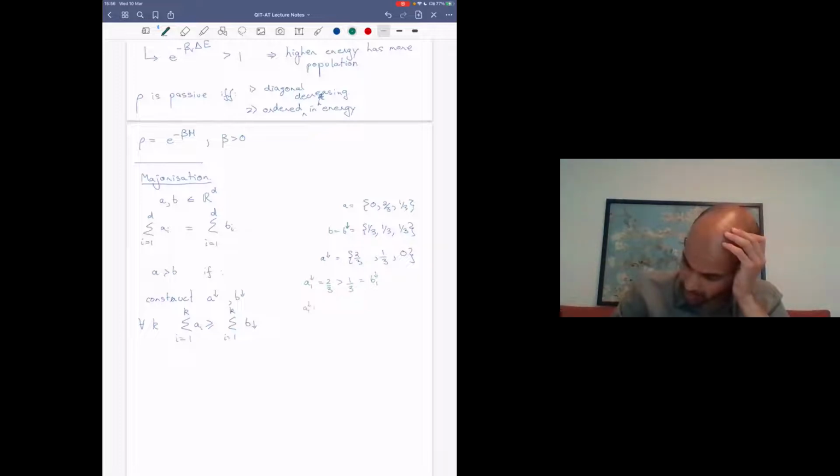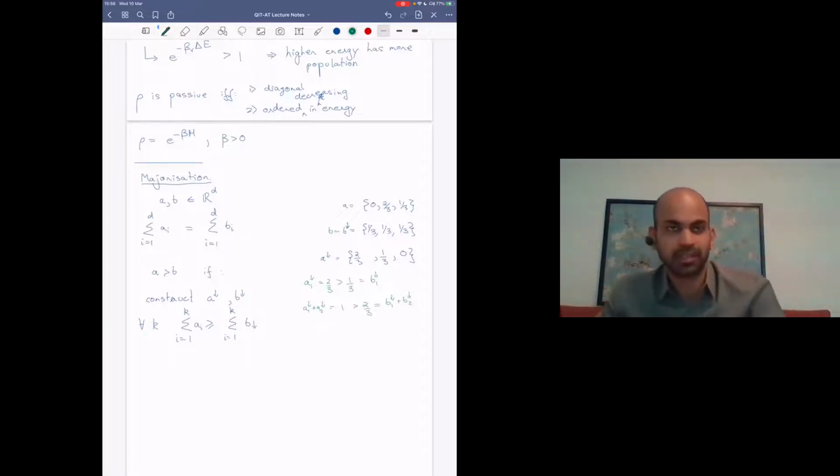And A1 ordered plus A2 ordered is equal to 1, which is greater than 2 over 3, which is the value of B1 ordered plus B2 ordered. And of course, the sum of all three elements is the same, it's equal to 1. So in fact, majorization is defined regardless of what the norm of the vector is, the total sum of elements. But we will only apply majorization almost exclusively to normalized positive vectors, meaning that they're essentially probability distributions.